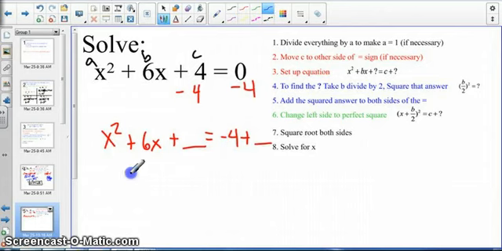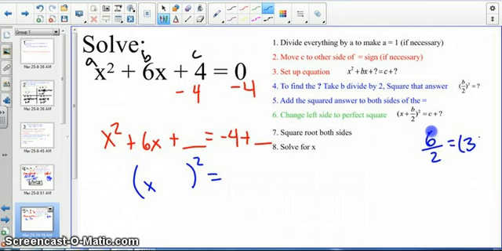Now, you could go and set up your next step of the equation. Half of 6, take b divided by 2. So 6 divided by 2 is 3, and square it. 3 squared is 9.